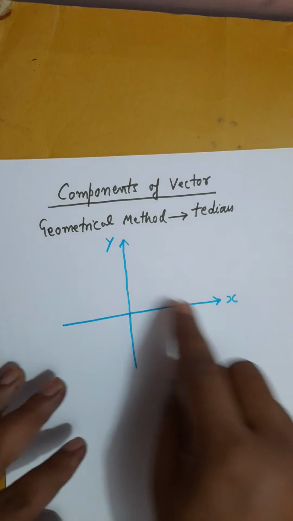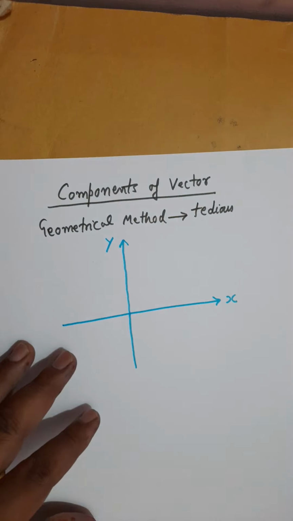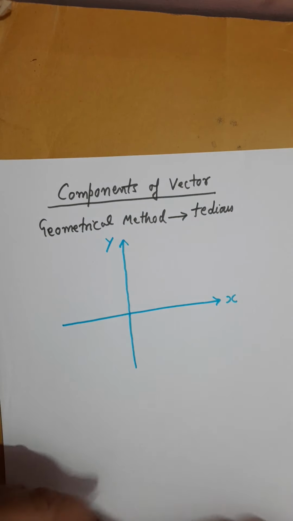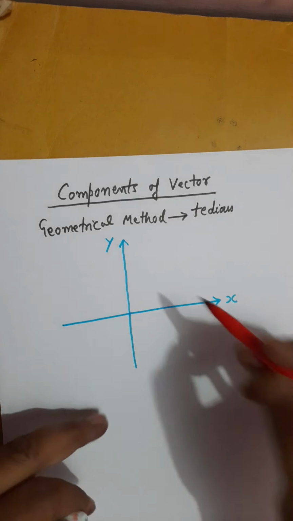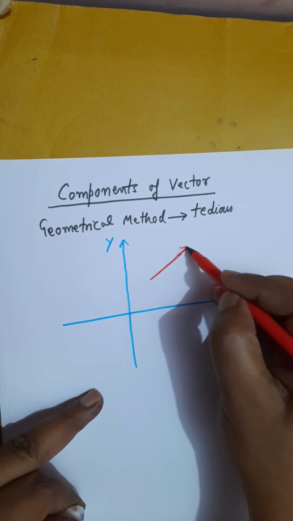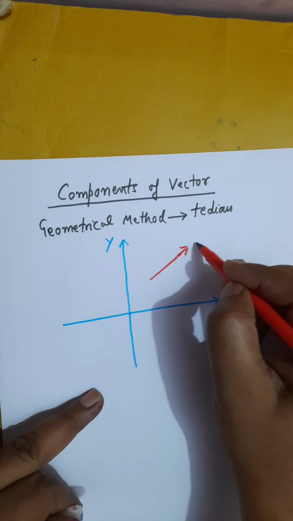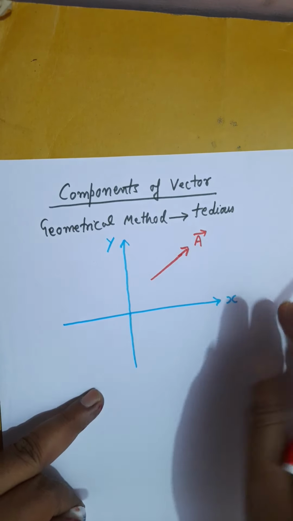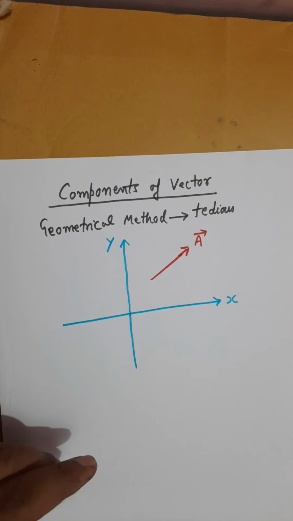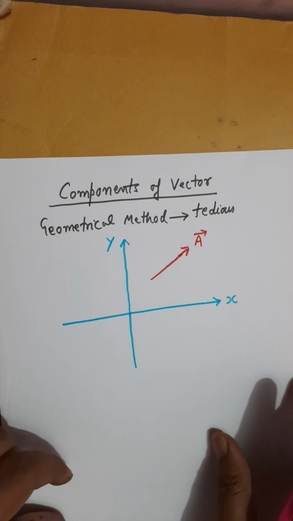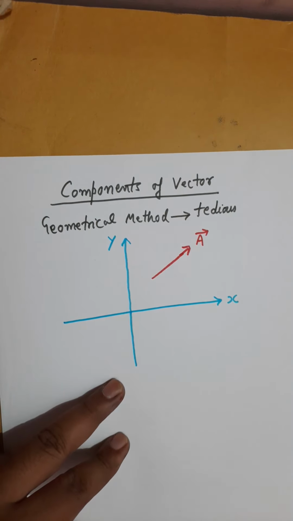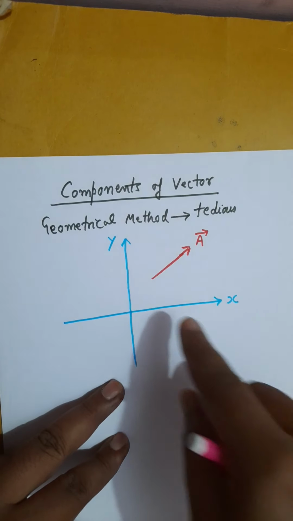Let's say we have this x-axis and y-axis, and we have a vector, like so. Then you drop the perpendicular from the two ends of the vector. Where are the two ends of this vector?